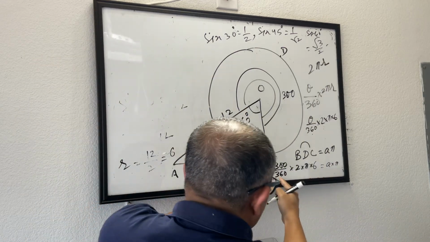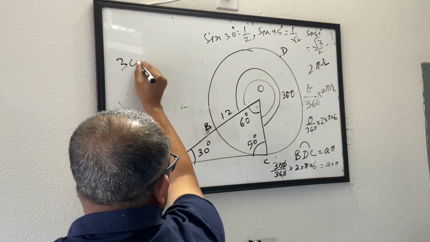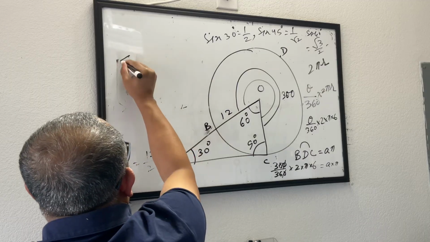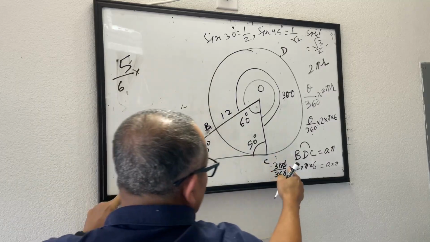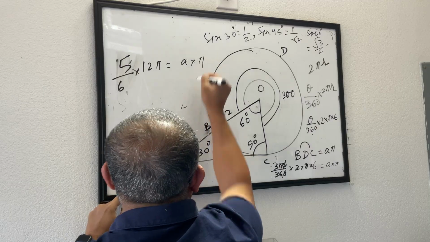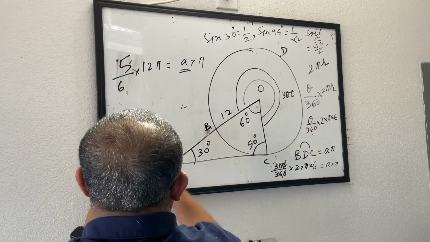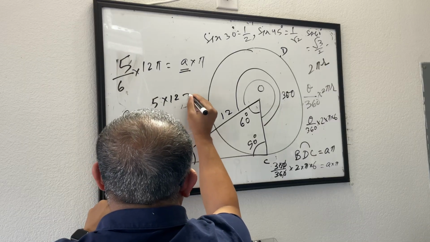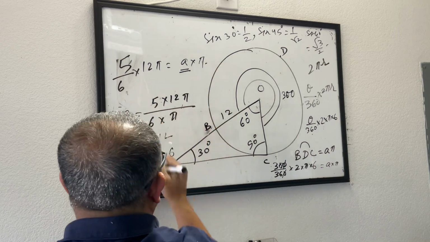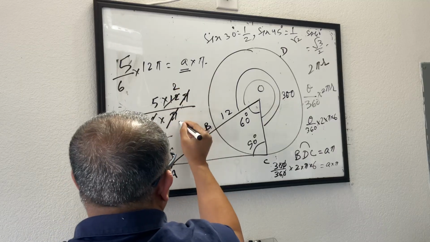So 300 by 360, I'll knock out the zeros here. Then I'm left with 30 by 36, which eventually becomes 5 by 6 into 2 into 6 is 12, pi equals a times pi. So if I keep only a on one side and move everything to the other side, it becomes 5 into 12 pi by 6 into pi. This pi comes down, this pi, tic-tac-toe, 6 times 2 is 12. So a equals 10.